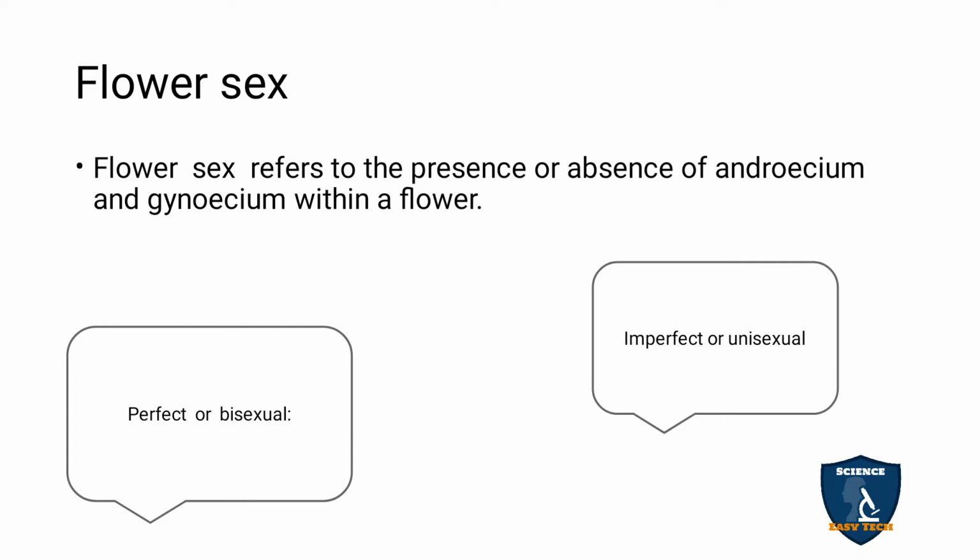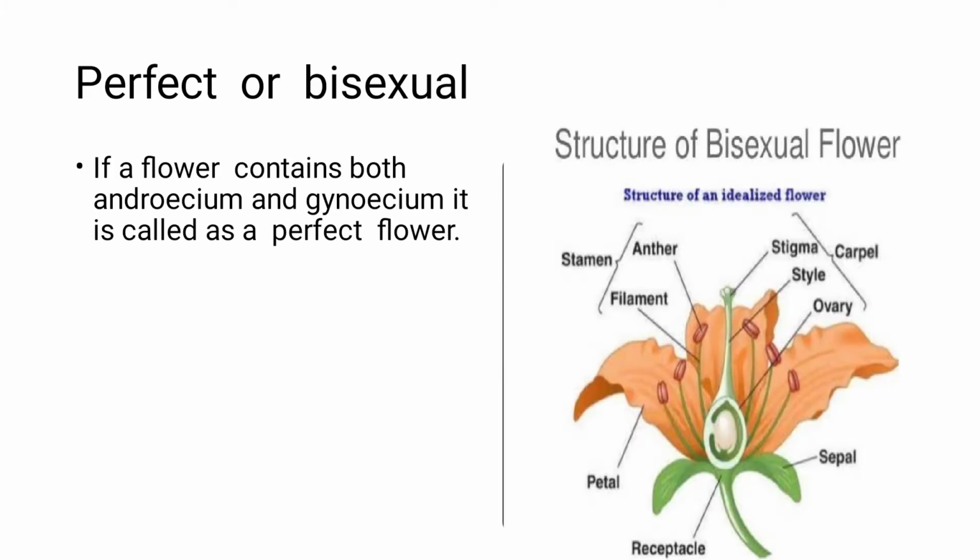The flower sex is differentiated into perfect or bisexual flower, and imperfect or unisexual flower. So we will see the perfect or bisexual flower first.